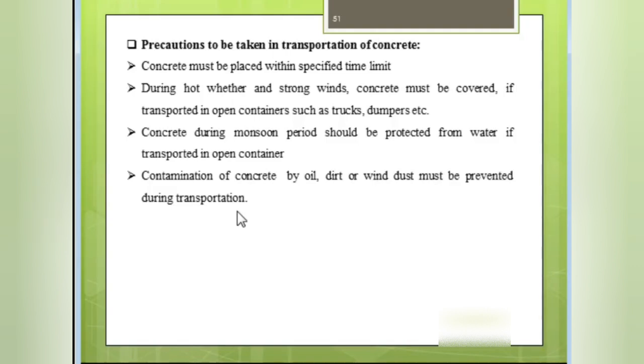Such a thing is very rare; generally it is a closed container. We just have to take care that the concrete mixture should not be heated, or any external water should not enter that container. Otherwise, the water cement ratio will differ. So these are some precautions we have to take at the time of transportation.